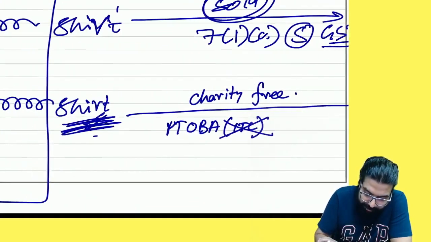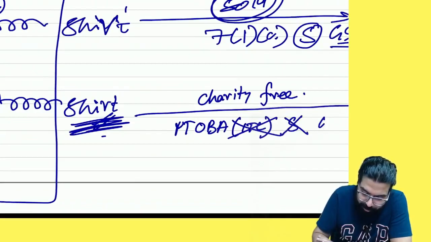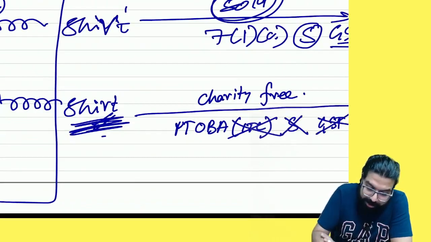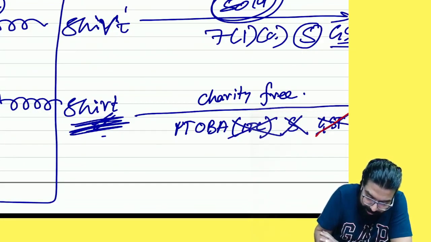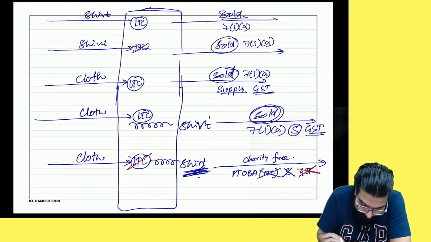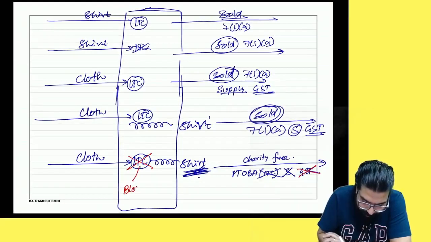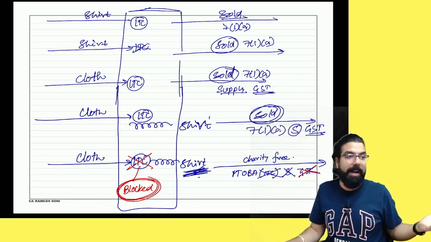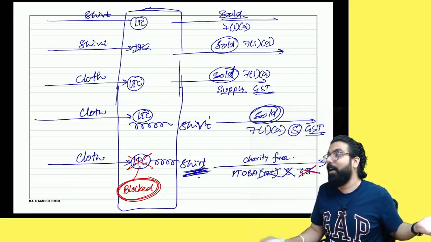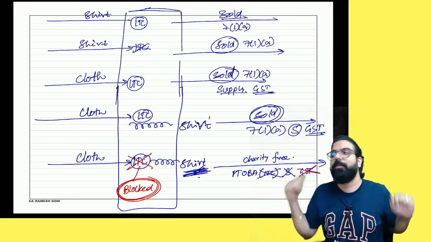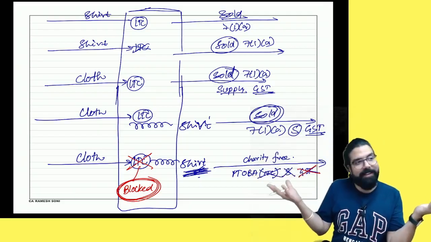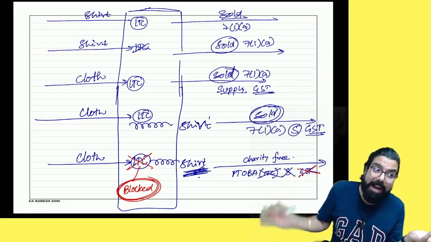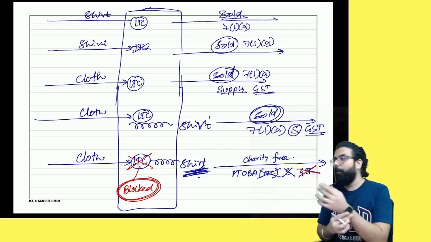And hence, will it be a supply? If it is not a supply, will you charge GST? If you don't charge GST, ITC also will be blocked by the government. Remember this point. If it is not a supply and you don't charge GST, ITC is blocked. If it is a supply, ITC will be allowed. But if it is not a supply, ITC will be blocked. Is my point clear to all?